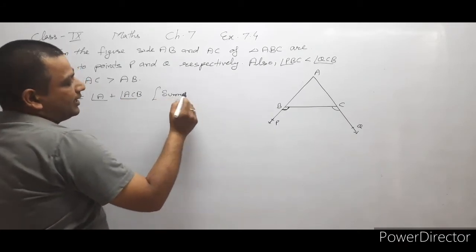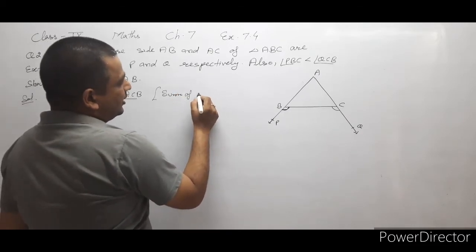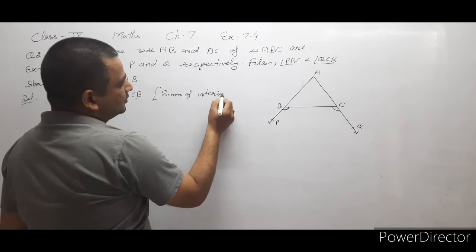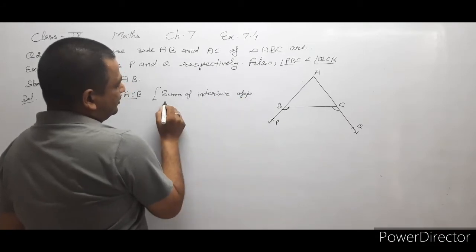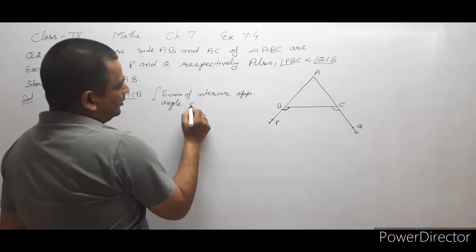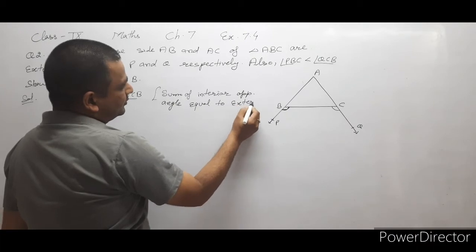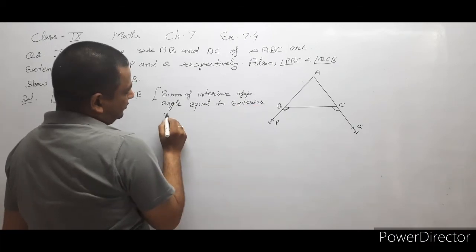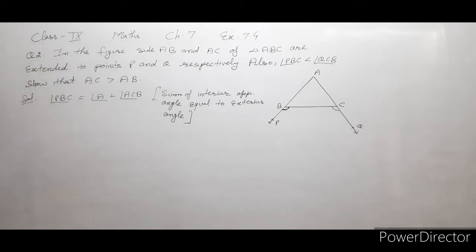We can write: the sum of the interior opposite angles is equal to the exterior angle, or the exterior angle is equal to the sum of the interior opposite angles.